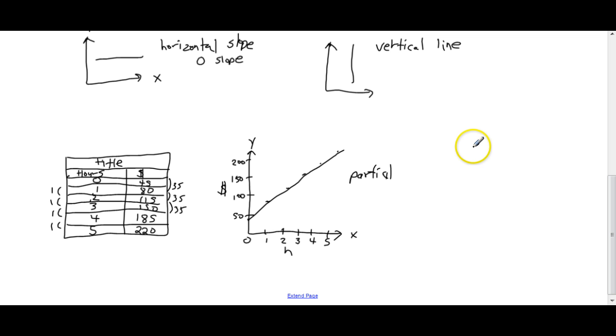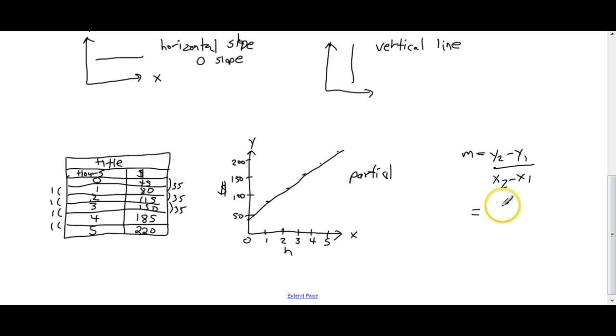Now we want to calculate the slope. Well, to calculate the slope, we just go to the slope formula, which we learned from last video. Slope is just equal to, if I take any 2 points, doesn't matter which ones I take, y2 minus y1 divided by x2 minus x1. I just substitute into the formula. I will choose, let's say, the last point, 5 hours and $220, and maybe I'll take 2 hours and 115.